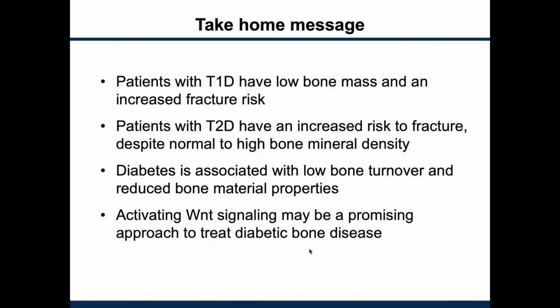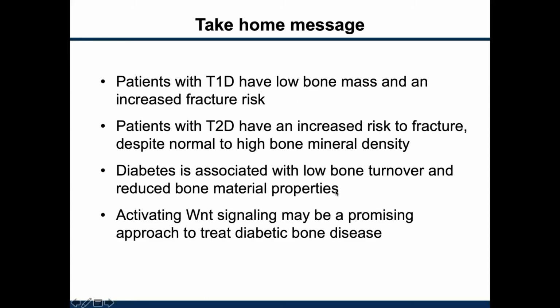Okay, so that was already it from my side. So here, just as a take-home message slide. I think all of you by now know that patients with type 1 diabetes have a low bone mass and an increased fracture risk, while patients with type 2 diabetes have a high bone mass, but still an increased fracture risk.